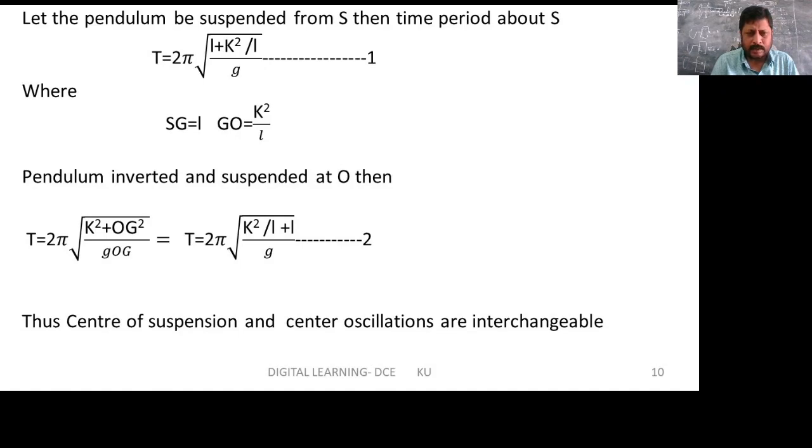That is, T becomes equal to 2 pi into square root of k square divided by l plus l divided by g, equation 2. That is, the center of suspension and center of oscillation are interchangeable.